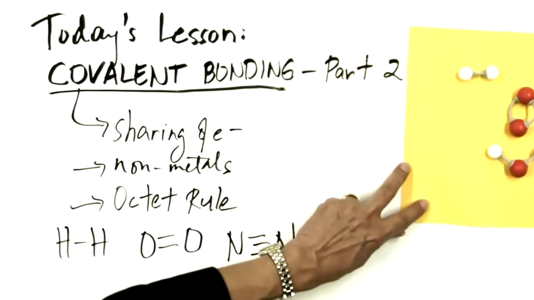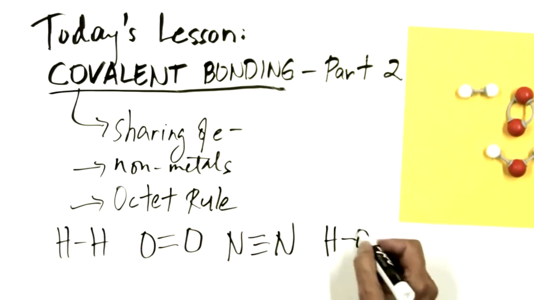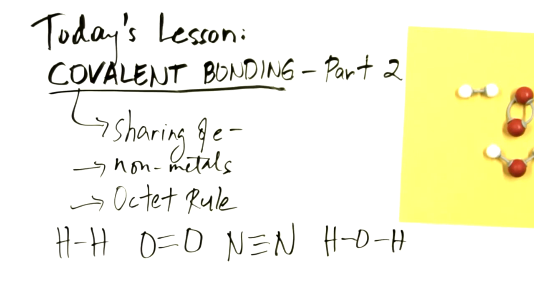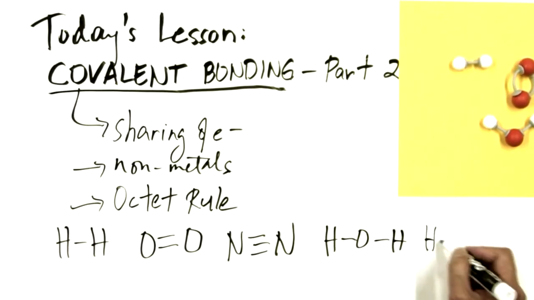And also, we had water, wherein each hydrogen atom becomes stable by sharing a pair of electrons with an oxygen atom. And we said this is how we come up with the formula H2O. Right? So today we will look at other examples of covalent compounds.